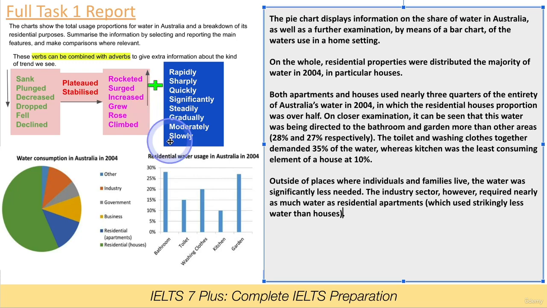Okay, let's see if this makes sense. The industry sector, however, required nearly as much water as residential apartments, which in turn use strikingly less water than houses.